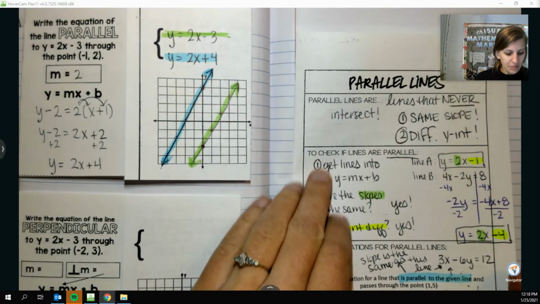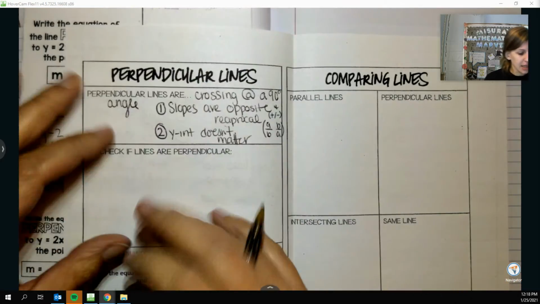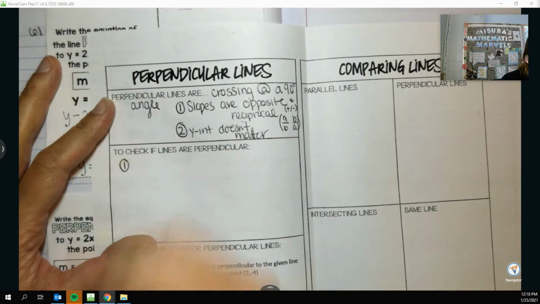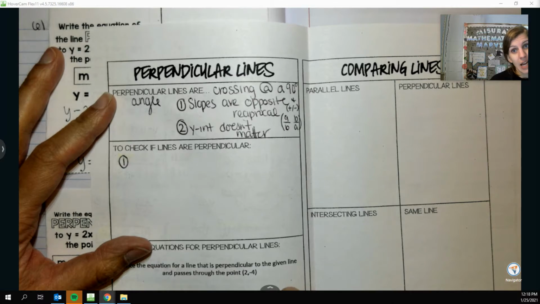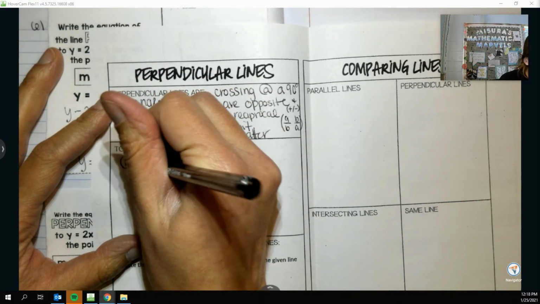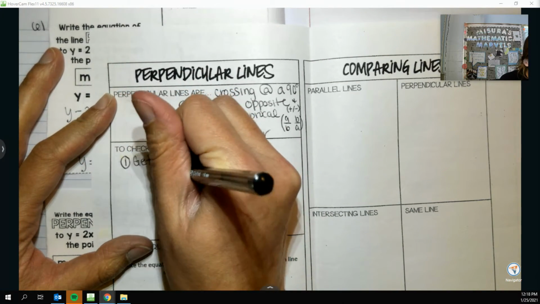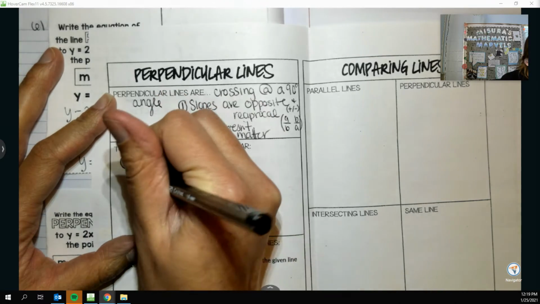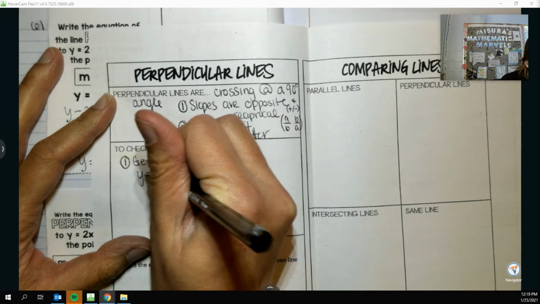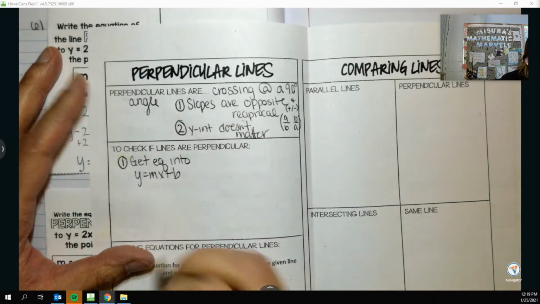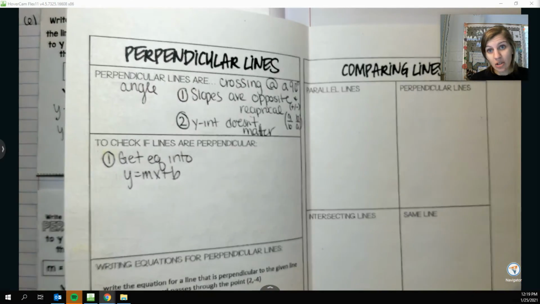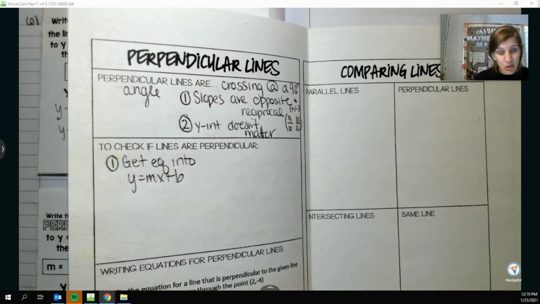Like we did here, the best way to check the slope of a line is to get it into y equals mx plus b. So get the equation into y equals mx plus b form so that we can check their slopes. And we might have to do it twice.